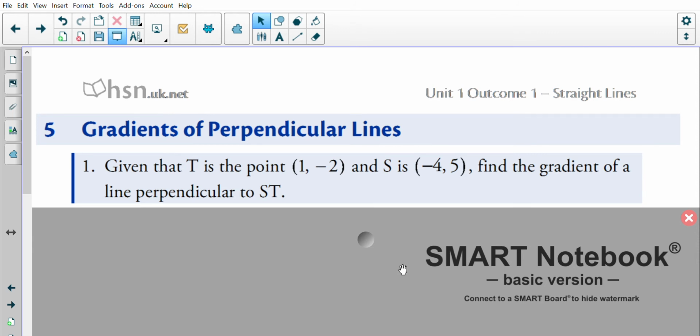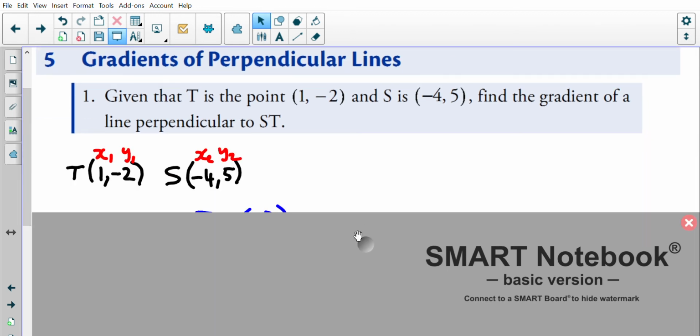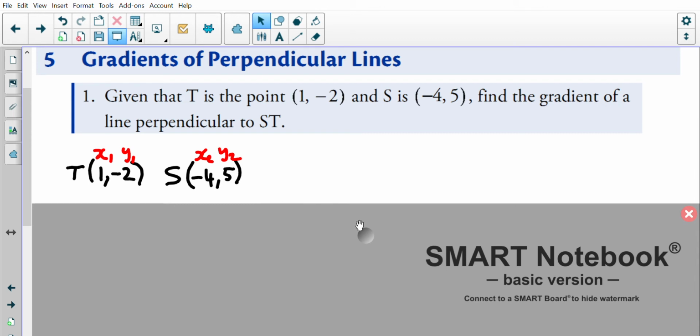So let's look at some examples. This one here: given that the point T is (1, -2) and S is (-4, 5), find the gradient of a line perpendicular to ST. So you're given these two points. We can find the gradient between the two points.